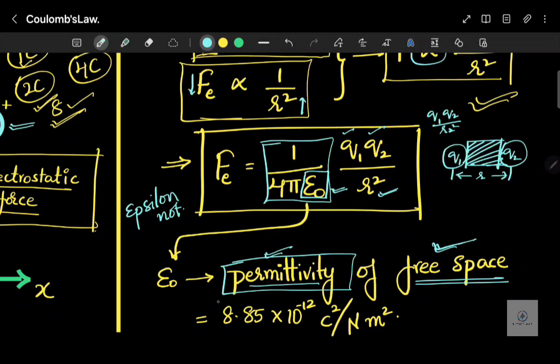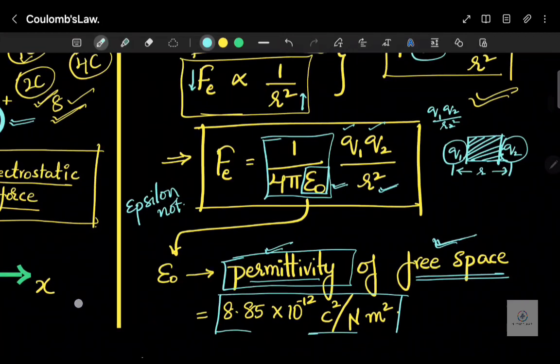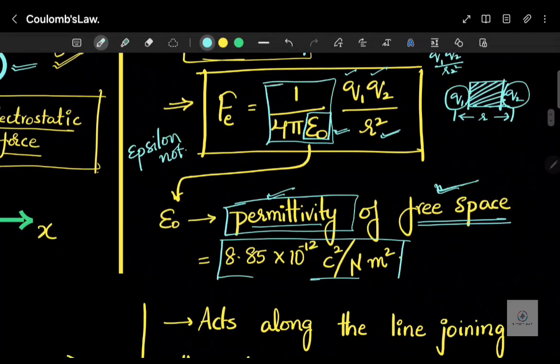And what is that? Epsilon naught value is 8.85 into 10 power minus 12 Coulomb square per Newton meter square. Remember this. Regarding this, we will discuss once again in the upcoming videos. For now, you can remember this value.